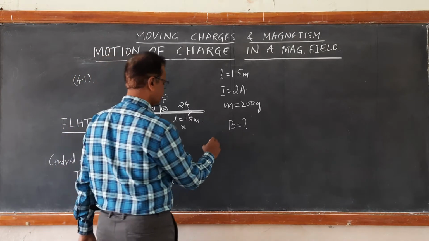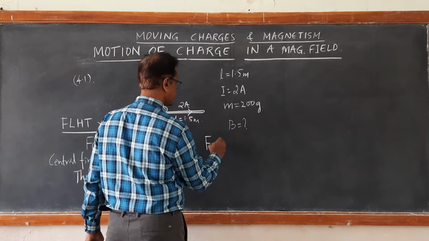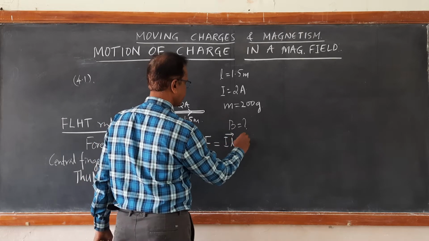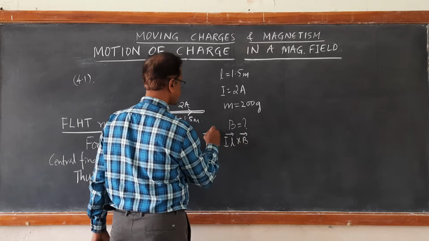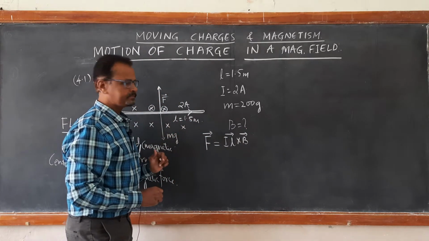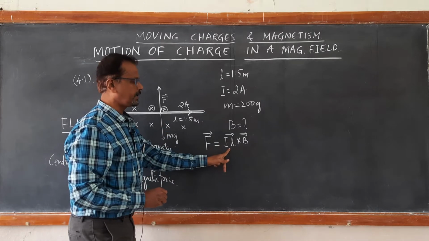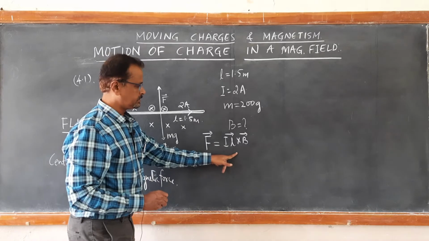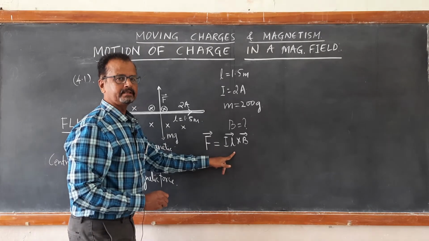The force experienced by a current carrying conductor is given by IL cross B, as we have studied earlier. But here the magnetic field is taken perpendicular to the current element. IL is called the current element, the current wire. IL together is a vector.